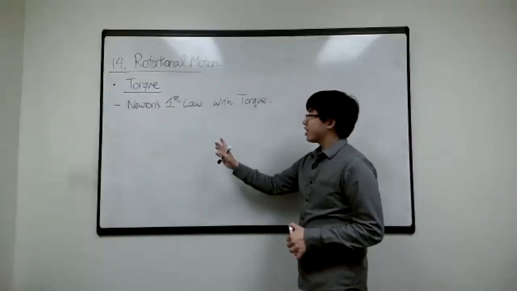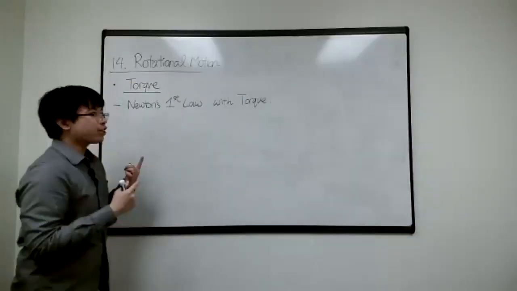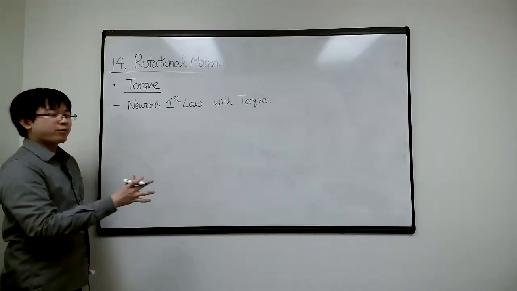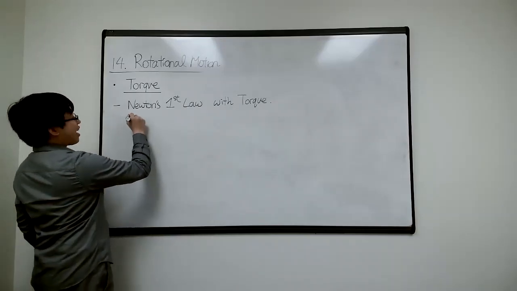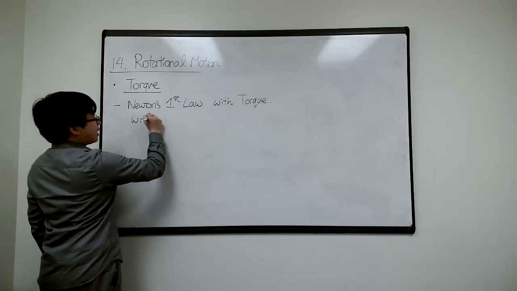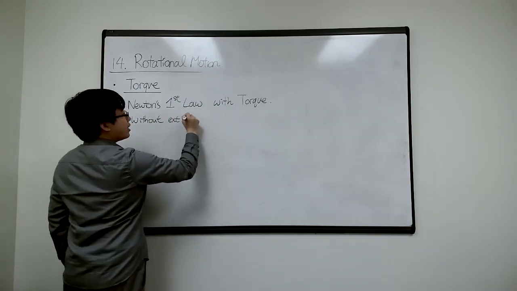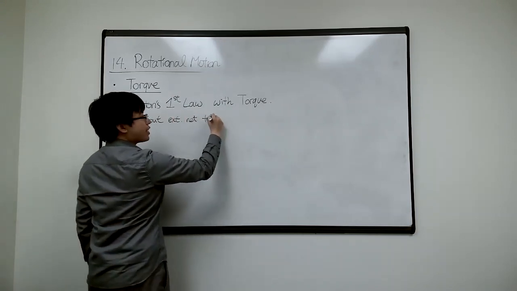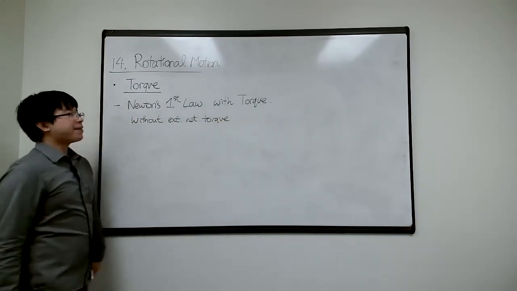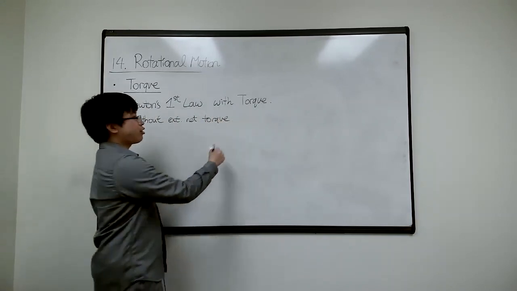Okay, so now let's look at Newton's first law with torque. So what will it say? It basically says, without an external net torque, can you guess what will happen to a system without an external net torque?